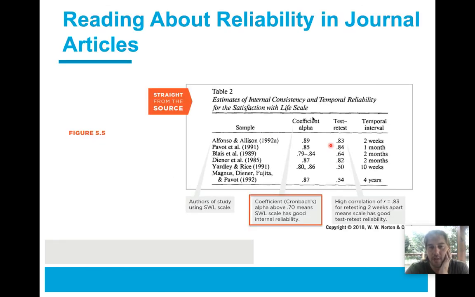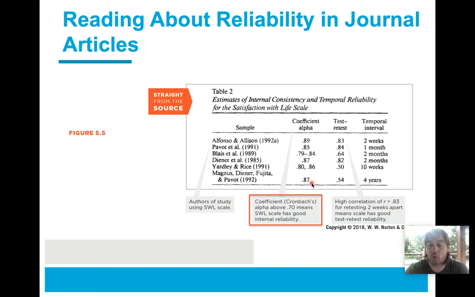And so we're going to go back to our table about life satisfaction. If we look at this column called coefficient alpha, it's just another name for Cronbach's alpha. Just think of them as the average correlations between our items on the scale. We can see 0.89, 0.85, a range around 0.8, 0.87, and so on and so forth.